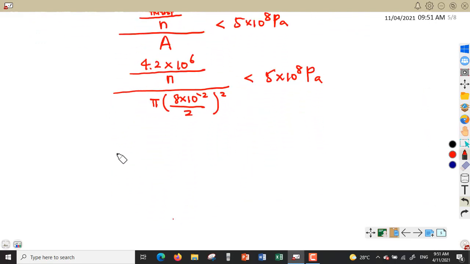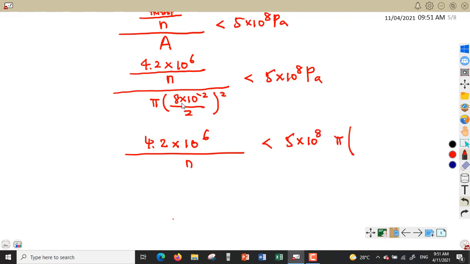We rearrange, so we want to find n. So we have 4.2 to the power of 6 over n, here will be 5 to the power of 8 multiplied with pi, then 8 divided by 2, 4 to the power of -2 squared.